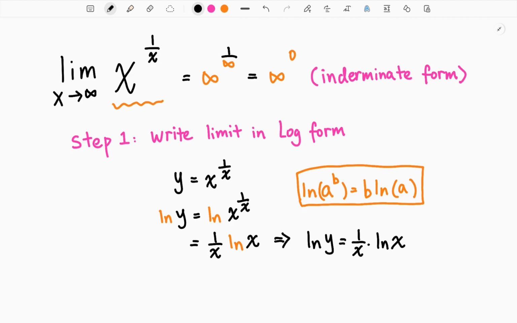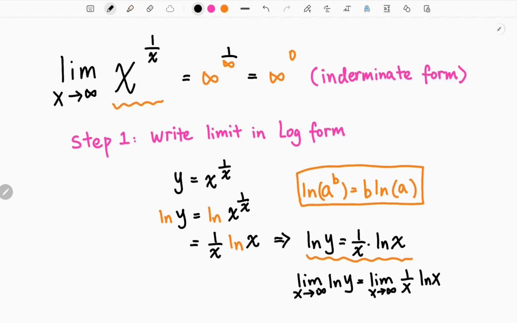The reason we want to rewrite the equation in this form is because now what we want to find is the limit of ln of y as x approaches infinity. And that question becomes, we want to find the limit of 1 over x ln of x as x approaches infinity.